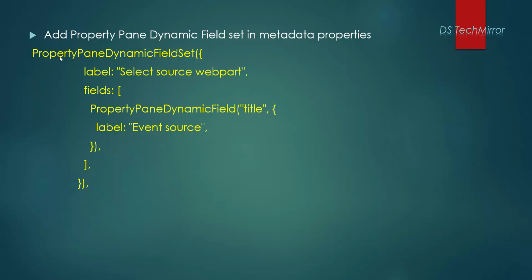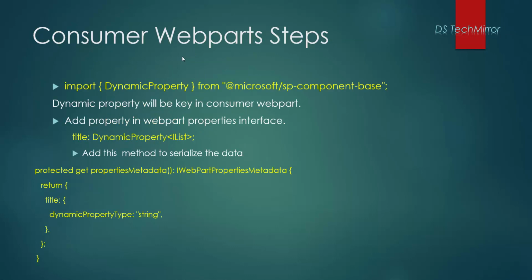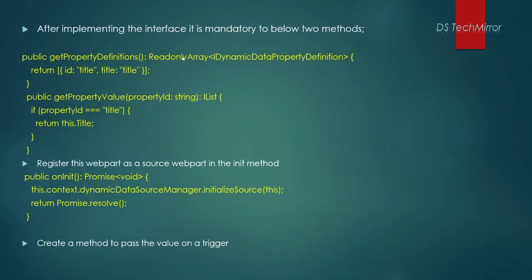Over here, I will be using this property pane dynamic field set, and I'm quite sure right now you would be very confused with the consumer web part. But the purpose of taking you through these slides is to register a few technical words in your brain, like dynamic data, property pane, dynamic field set, then dynamic property, registering the source web part, consumer web part, all these things.